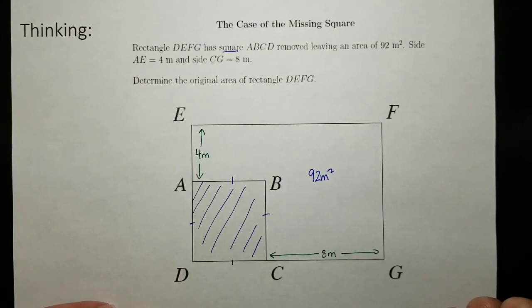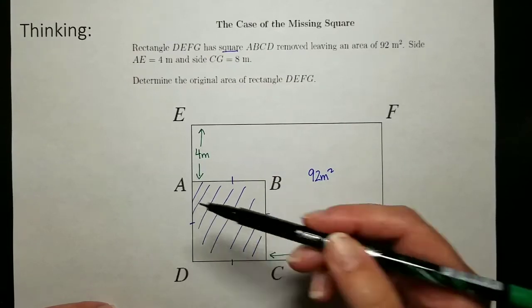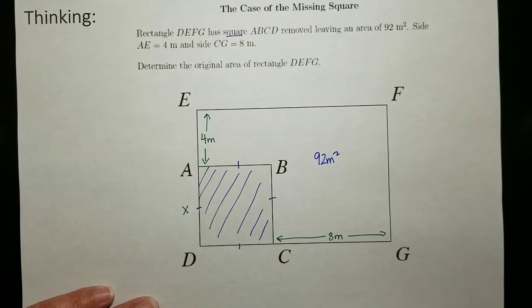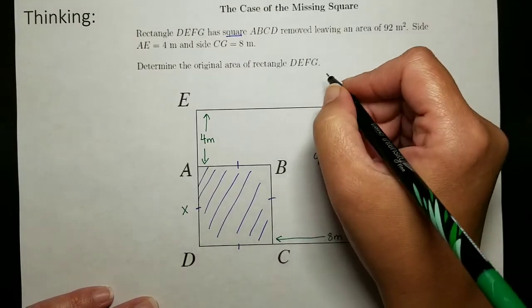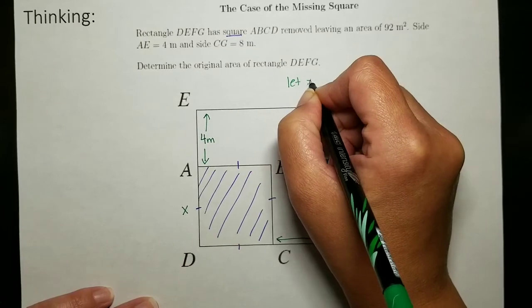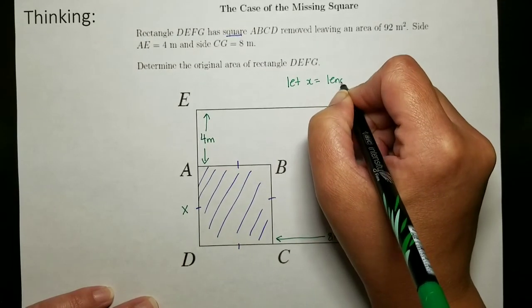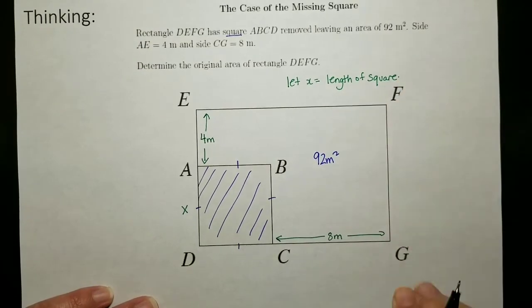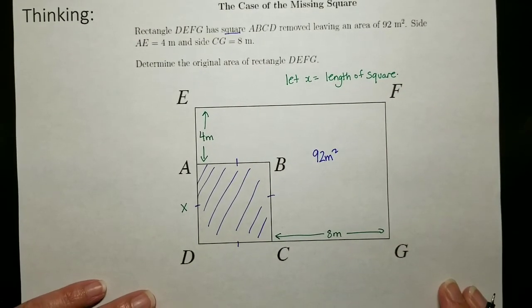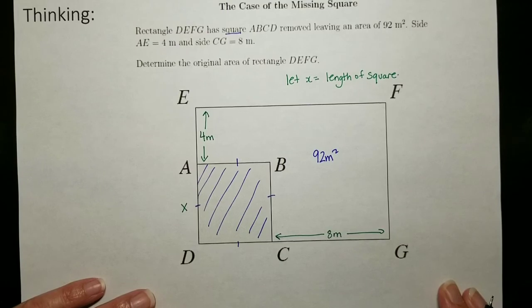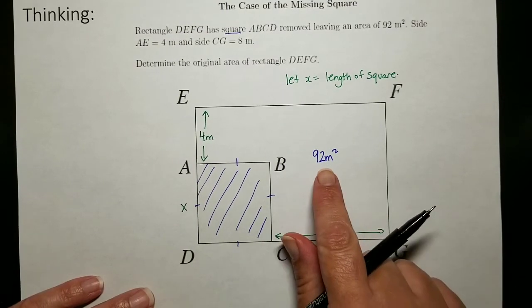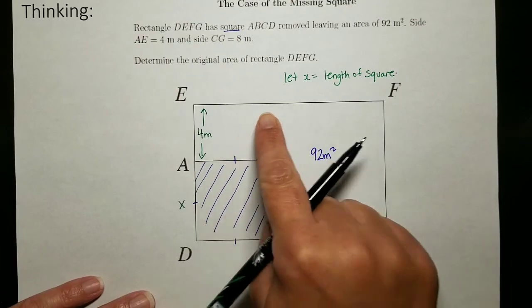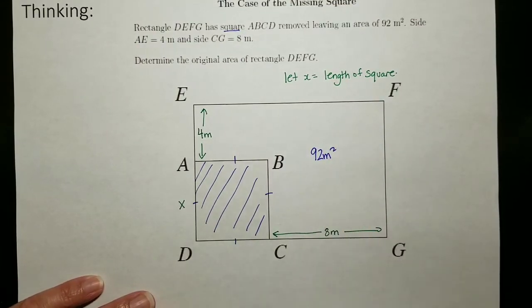Whenever I want to find a size of something, I like to put a variable. So I'm going to label that with an X. So I'm going to say, let X equal the length of the square, the side of the square. So now I need to figure out a way of representing this 92 as all of the pieces of this added up.